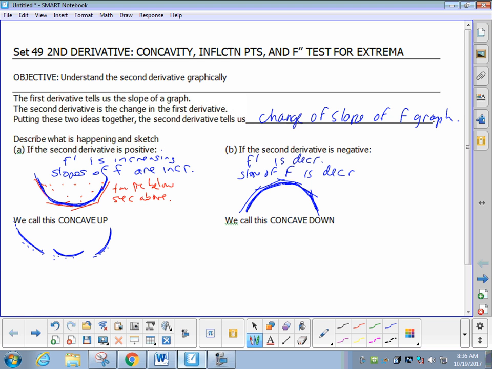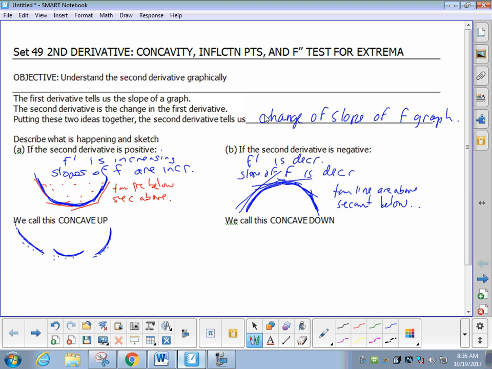We then start to get a feel for not just increasing and decreasing, but concavity, or how it's curving as well, any form thereof. You can see that any tangent lines on concave down are above the curve. Secant lines are below. Okay.